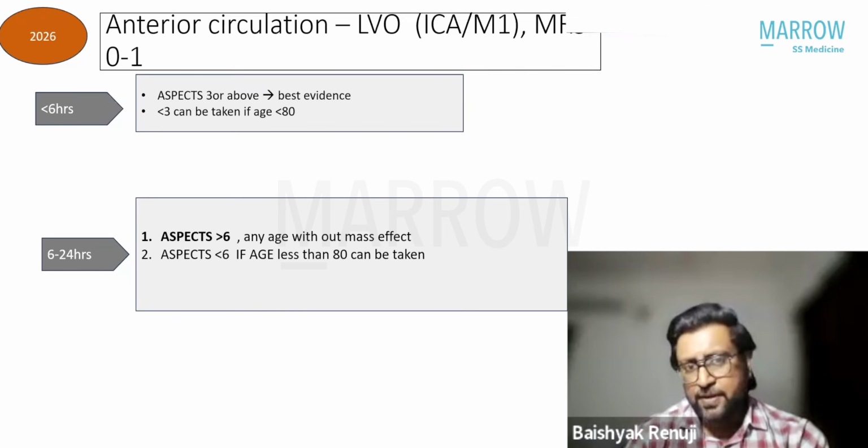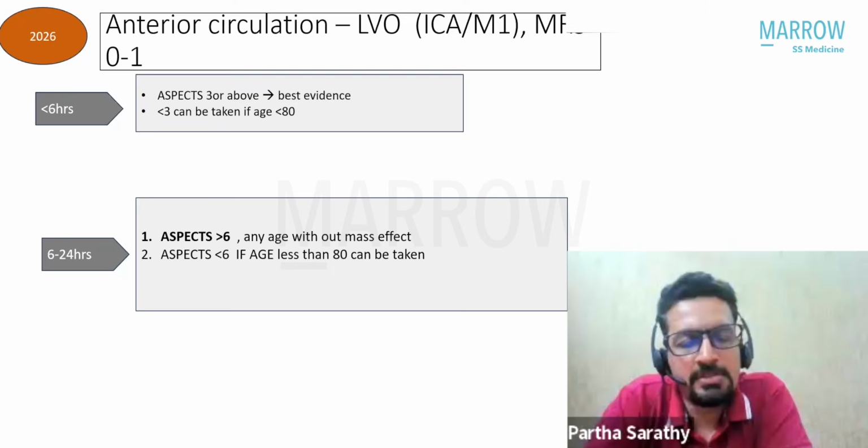Partha, what is your opinion on low ASPECTS? Low ASPECTS, ideally as per the guidelines, we just have to look at the MRA, and if there is significant mismatch as per the DAWN criteria, we can go ahead. But I think it is better to go for additional imaging techniques in such scenarios, just to prove that you have definite salvageable tissue there before going in with the thrombectomy, because it's an expensive procedure. 2-3 lakhs will be spent on that, and on top of that, if there is a significant bleed, it will be difficult.